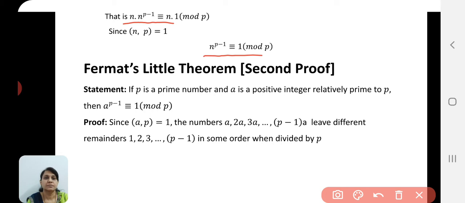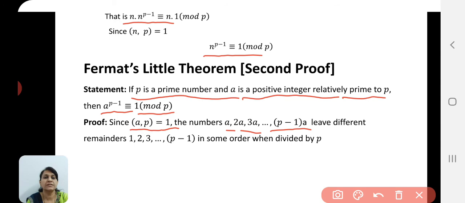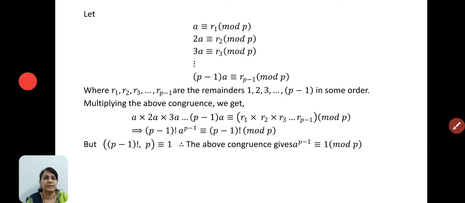Now let us move to the second proof, that is Fermat's little theorem. The statement is, if p is a prime number and a is a positive integer relatively prime to p, then a raised to p minus 1 is congruent to 1 mod p. Since (a, p) equals 1, the numbers a, 2a, 3a, and so on up to (p minus 1) into a leave the different remainders 1, 2, 3, and so on up to p minus 1 in some order when divided by p.